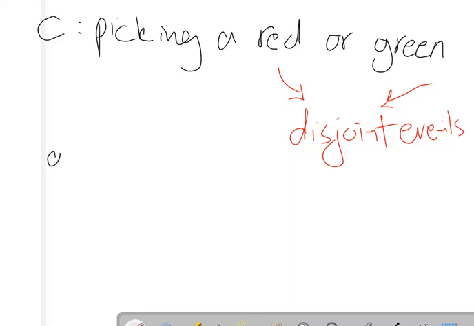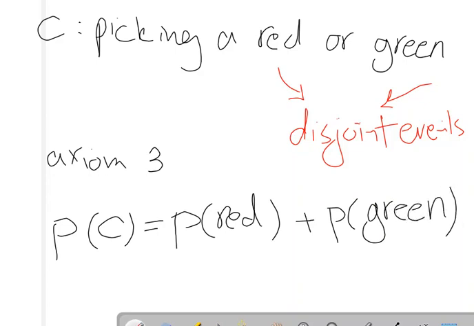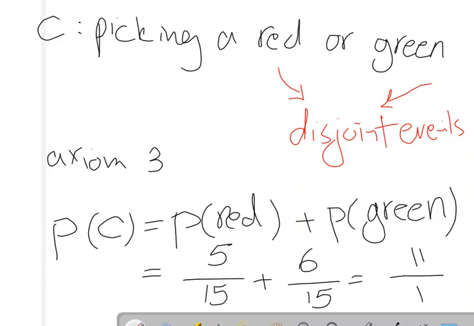So according to axiom 3, the probability of C is the probability of red plus the probability of green. So it's 5/15 plus 6/15, which is 11/15.